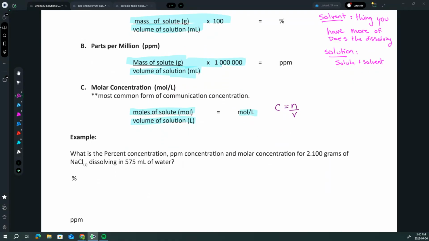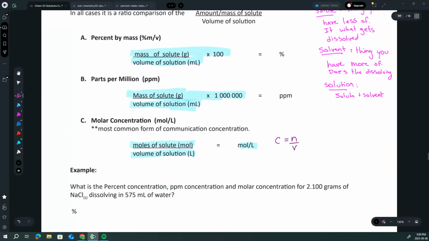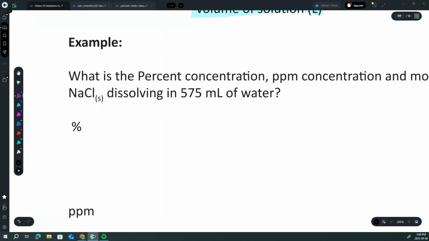So looking at our first example here, what is the percent concentration, parts per million concentration, and molar concentration for 2.100 grams of sodium chloride dissolving in 575 milliliters of water? All right, so for percent, I'm going to just clarify this.